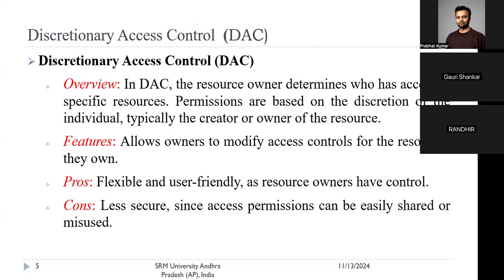It allows owners to modify the access control. Suppose today I have given access to some group, tomorrow I can remove it. This access control is maintained by that particular user. So from the user's point of view, discretionary access control is designed by the user, the owner of the particular resource.